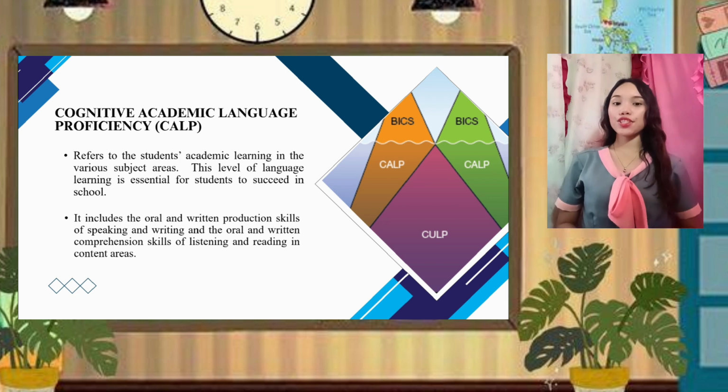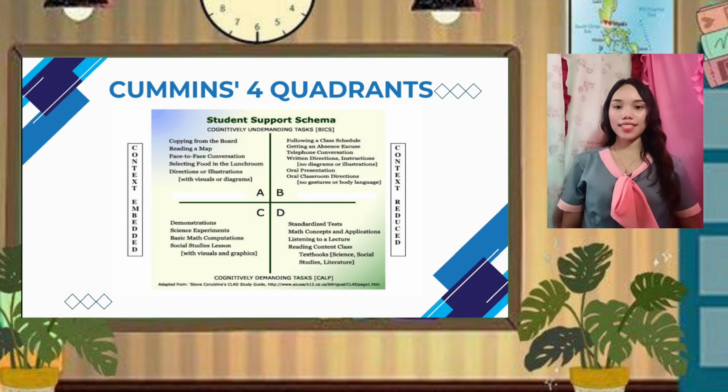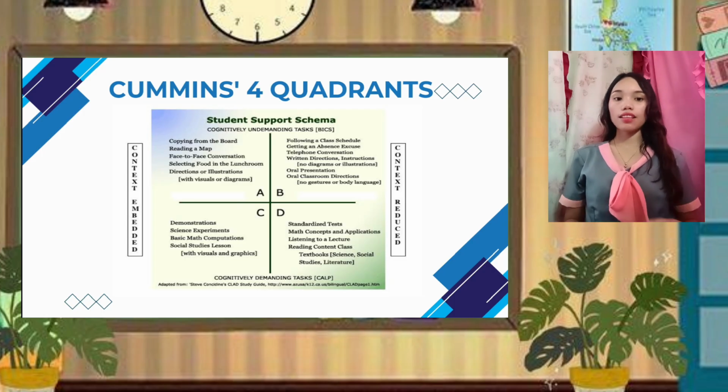Let us proceed to the Cummins four quadrants. Cummins combined context and cognitive demand into four quadrants. In the picture presented, we can see that there are context-embedded versus context-reduced communication and cognitively undemanding versus cognitively demanding communication, together with their examples.